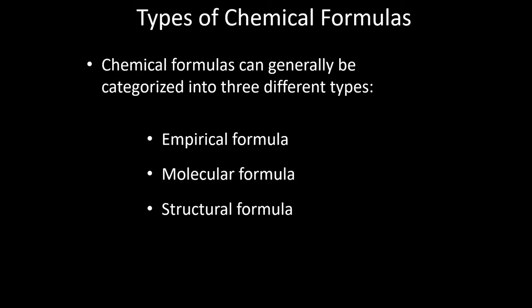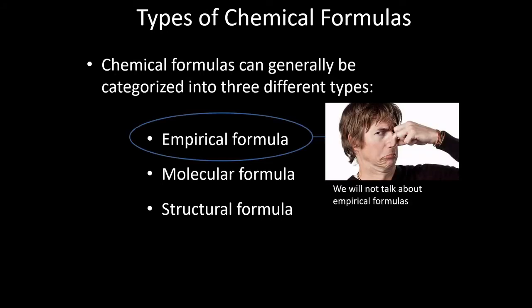All right, so these are the three most common types of structural or chemical formulas. There are empirical formulas, molecular formulas, and structural formulas. Now, empirical formulas, I'm not a big fan of.